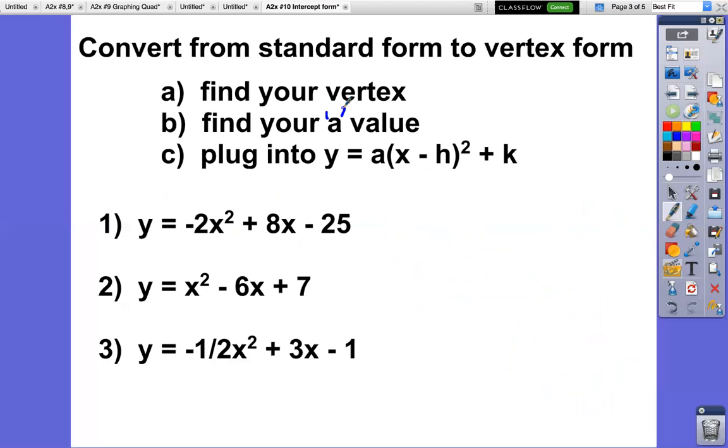Take about 30 seconds and go. About 10 more seconds.